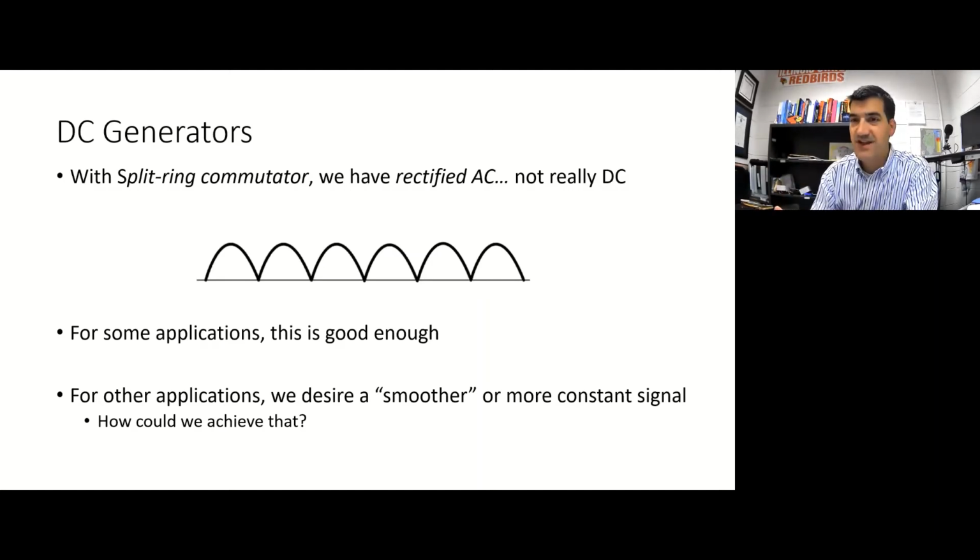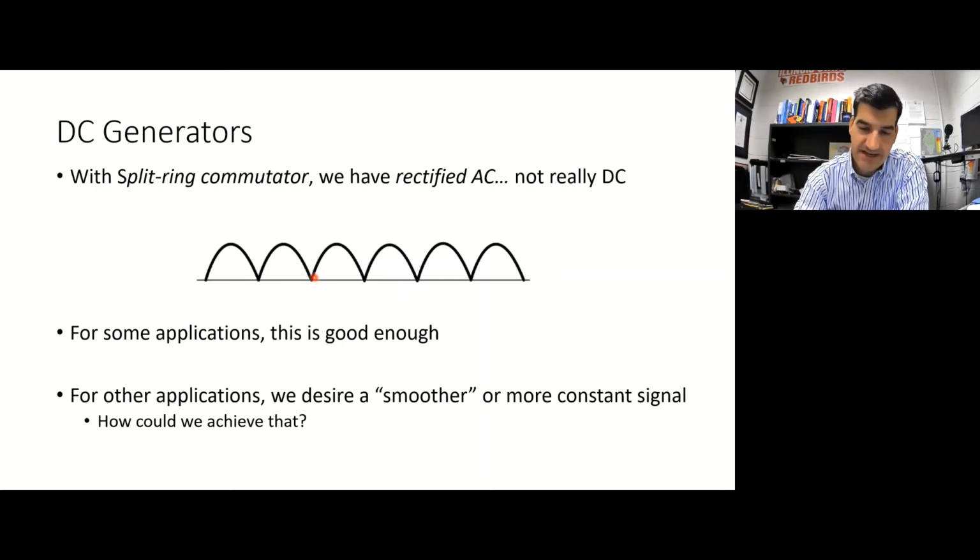I'm just giving you an example. For some applications, this rectified AC would actually be fine. It would work. But for a lot of other applications, basically anything involving electronics with transistors or solid state devices, modern computers or anything like that, you would want a smoother, steadier DC voltage.